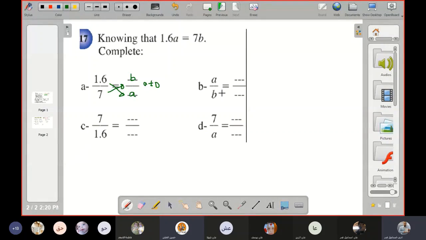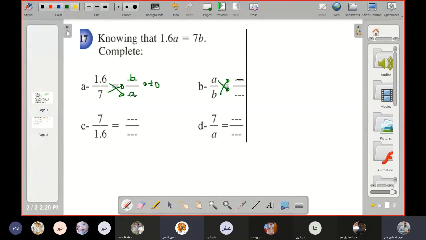Continue, complete this fraction to get 1.6A equals 7B. Where do you put 1.6 and 7? After doing cross multiplication, I should get this equation, 1.6A equals 7B. What do you put here? 1.6.